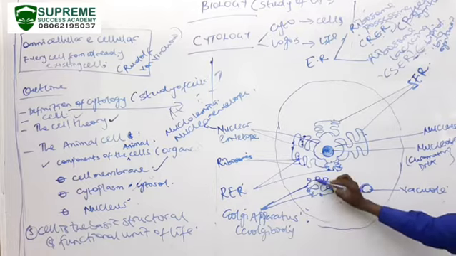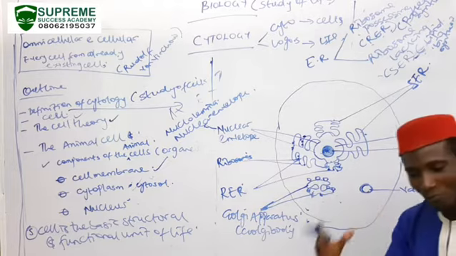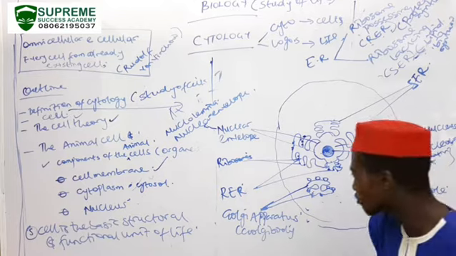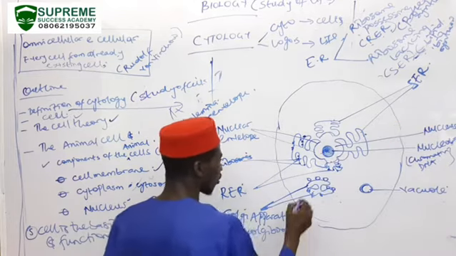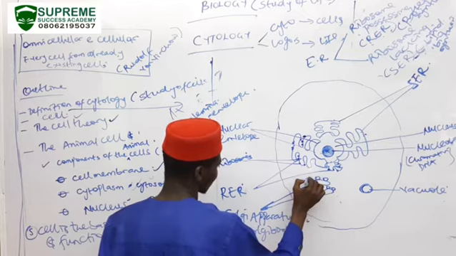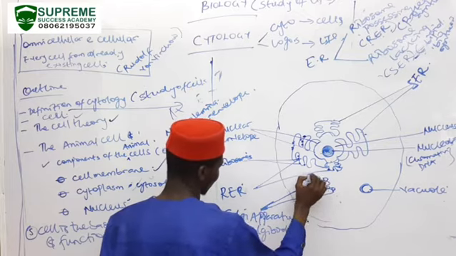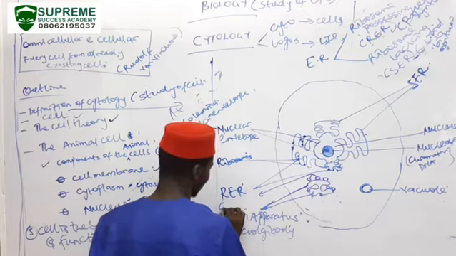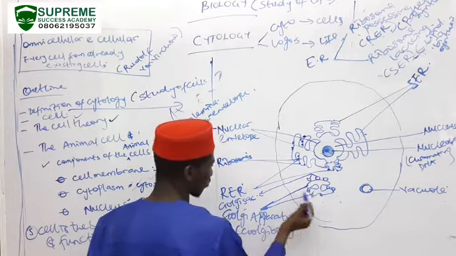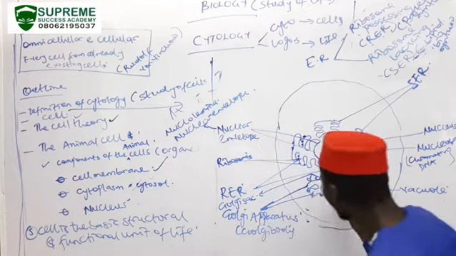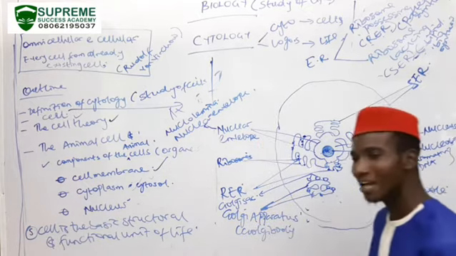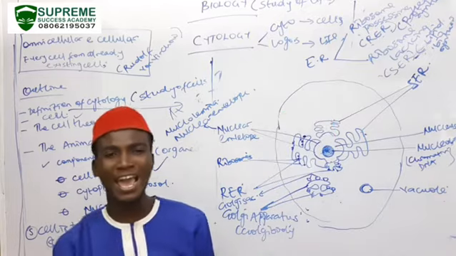This sac-like structure, which is responsible for embedding proteins, we call Golgi sacs. So all those sac-like structures are the Golgi. The Golgi body and the Golgi apparatus is like the warehouse of the cell.